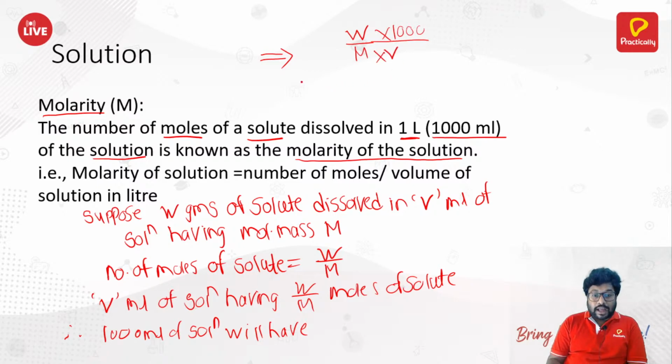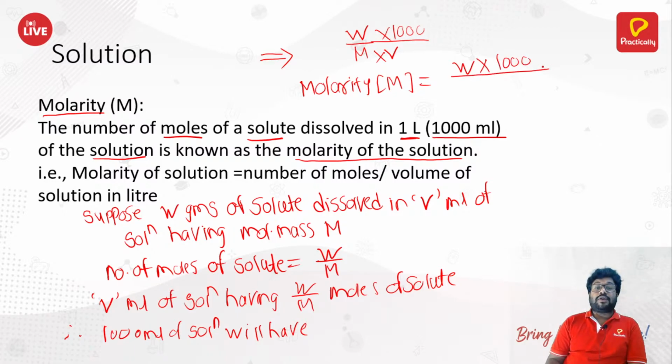So basically your molarity is also denoted by a capital M. So molarity is equal to W into 1000, where W is the amount of solute that you have taken, and M is the molecular mass of solute, into the volume of solution.